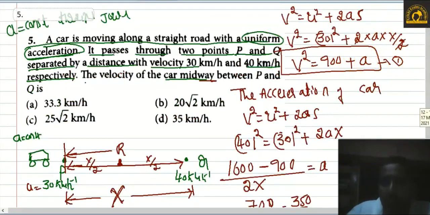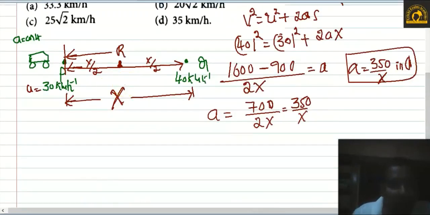So v square is equal to 900 plus a times x, where x is here x by 2.